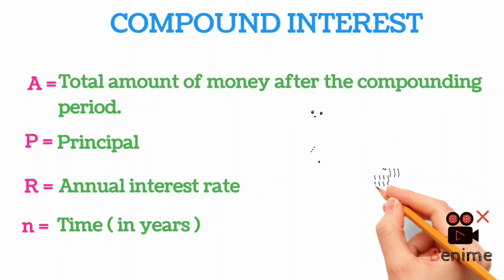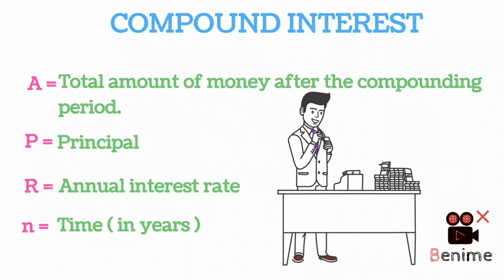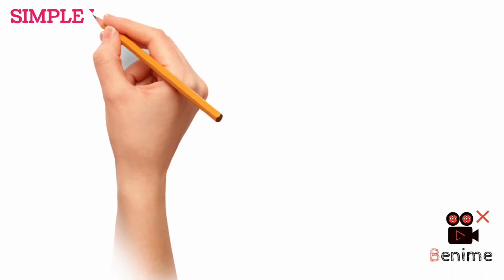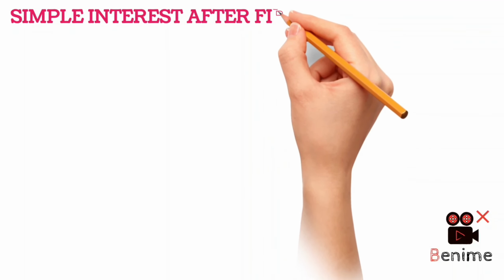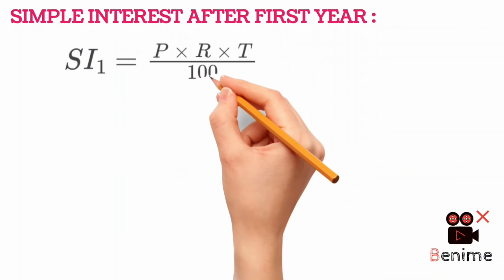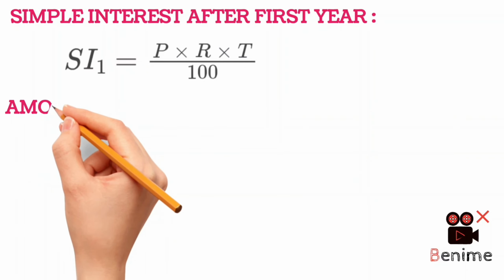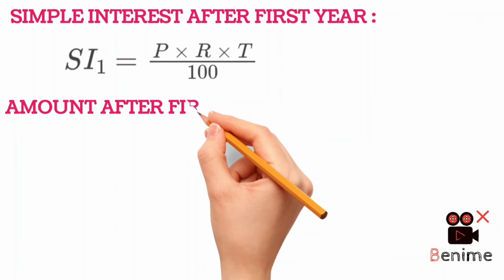These notations are required to compute the value of compound interest. Now, what is the simple interest after the first year? SI1 equals PRT by 100. This is the simple interest after the first year.